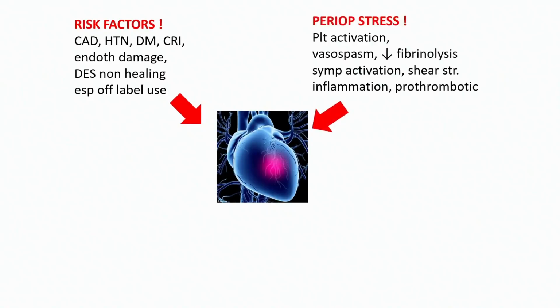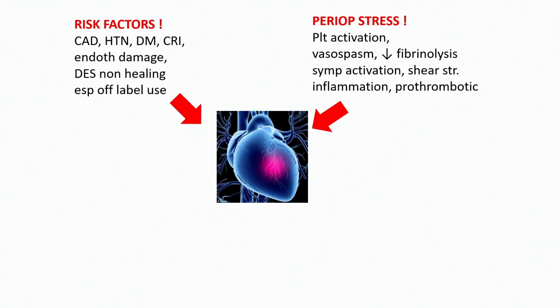And then you add to it the perioperative stress response, which you know increases platelet activation from the baseline. It causes vasospasm, which narrows the arteries further. It decreases the fibrinolysis, which makes them more prothrombotic.